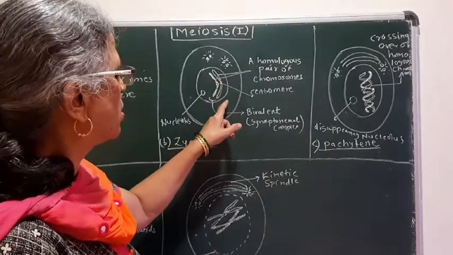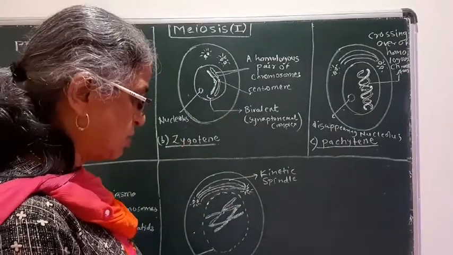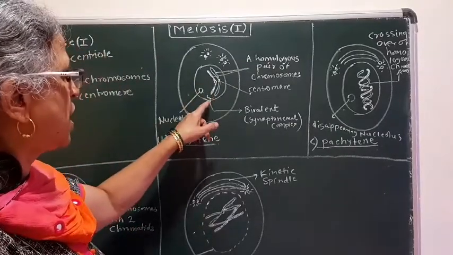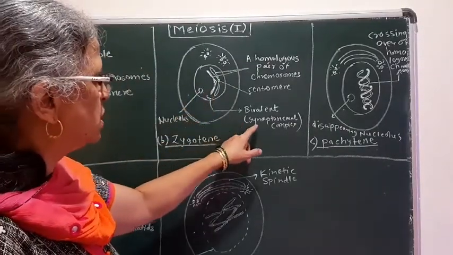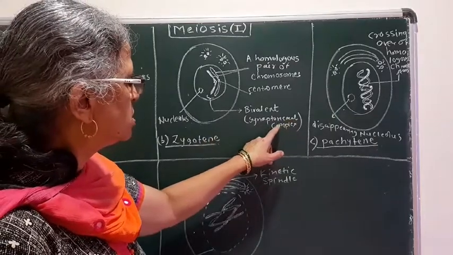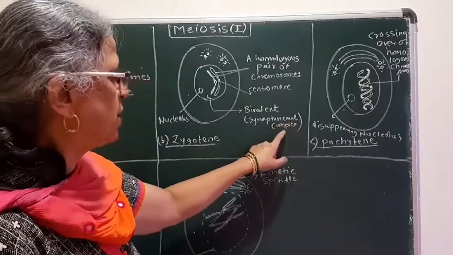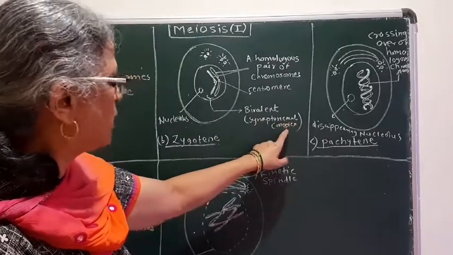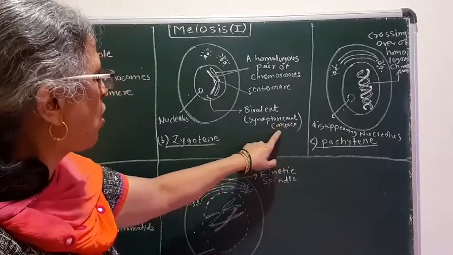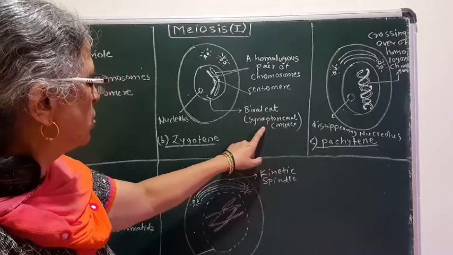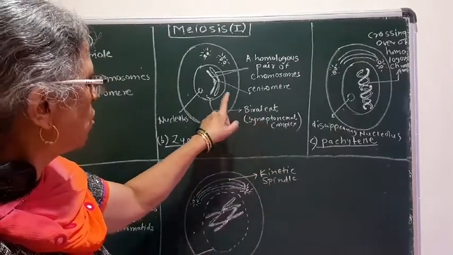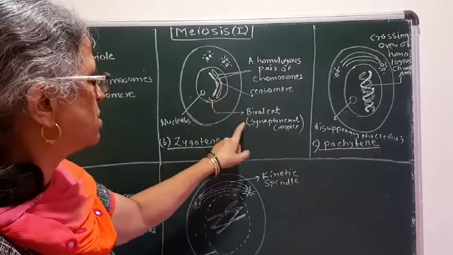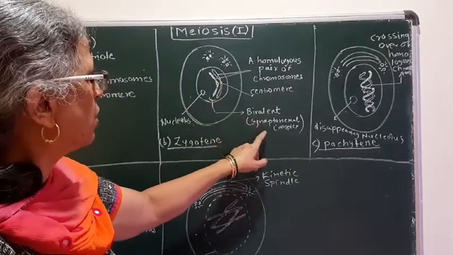That pairing of homologous chromosomes is known as synapsis, and they form a synaptonemal complex. Followed? This complex holds the chromosomes in place at the time of pairing. That is the function of the synaptonemal complex.